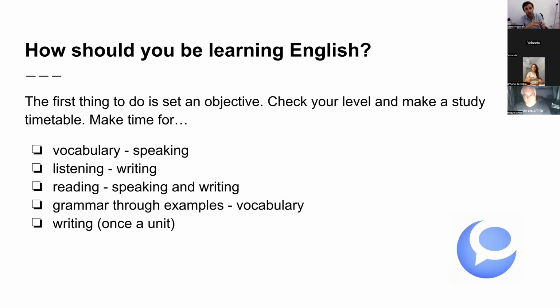Your short-term objectives should be learn this vocabulary, do this exercise, read this text, listen to this audio on specific times. But the long-term objective could be maybe do the C1 exam in June. You need short-term goals and long-term goals because this will motivate you.